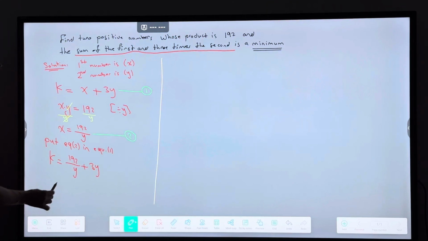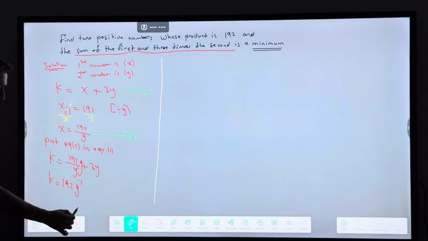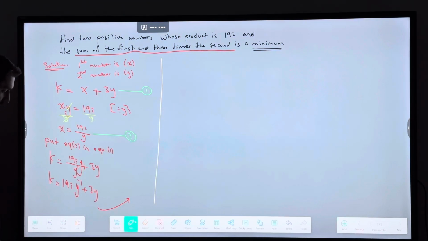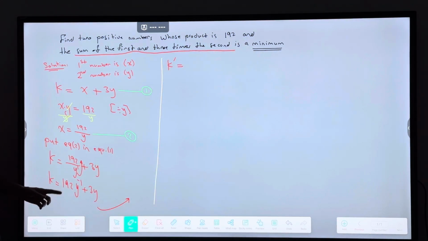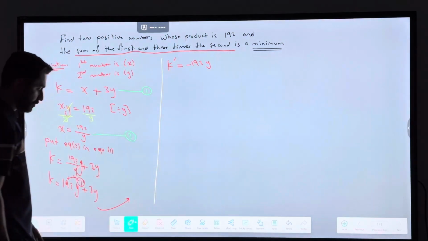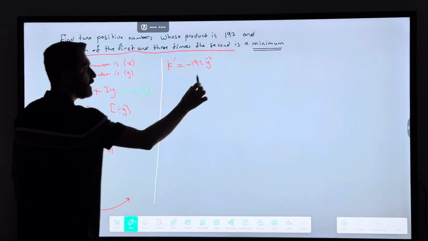I can write this as 192 times y to the power of -1 plus 3y. Now it's time to take the derivative. So k prime equals negative 1 times 192, which is negative 192, and deducting 1 from negative 1 gives negative 2. The derivative of 3y is 3.